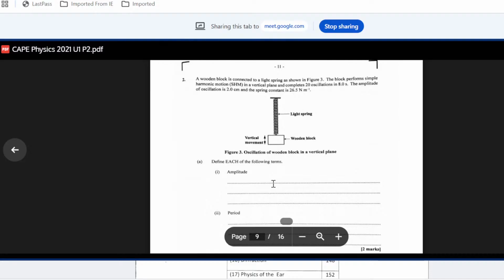A wooden block is connected to a light spring shown in figure 3, simple harmonic motion.